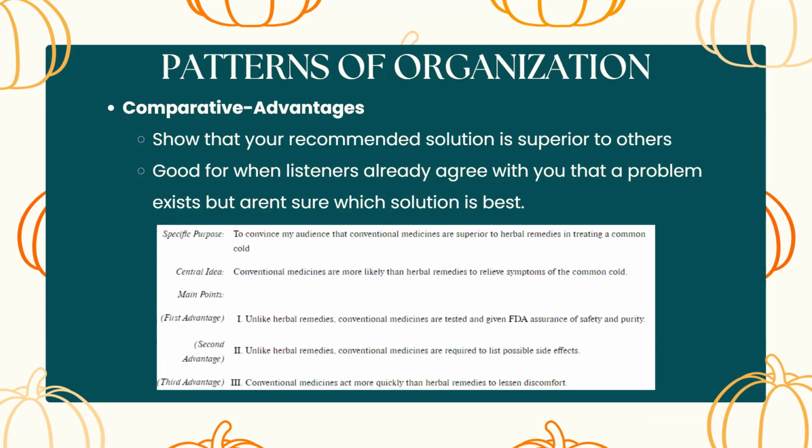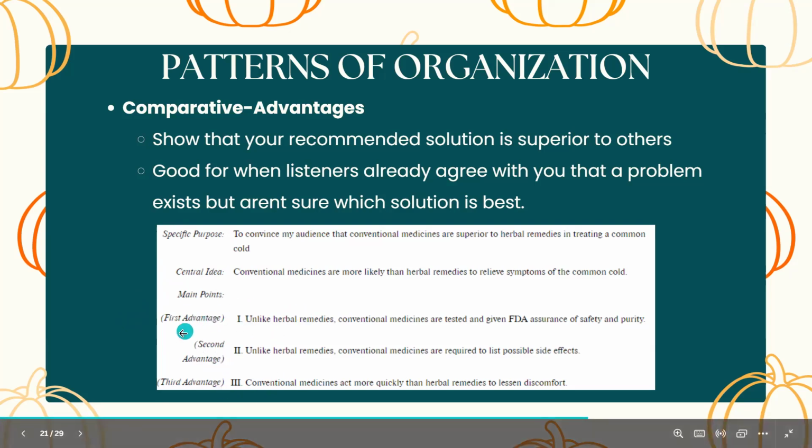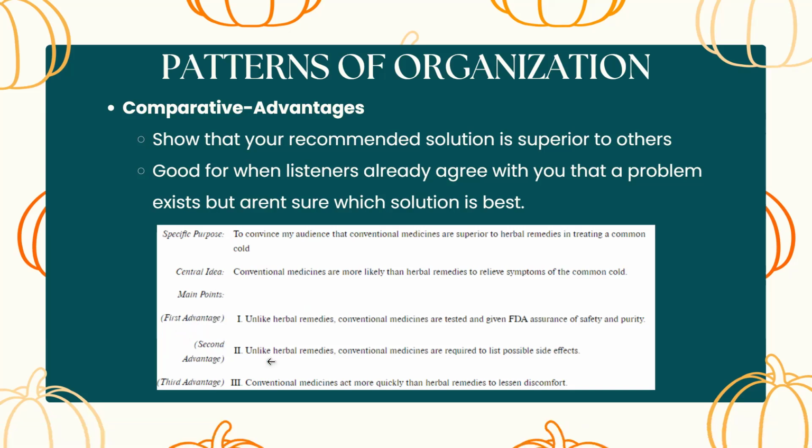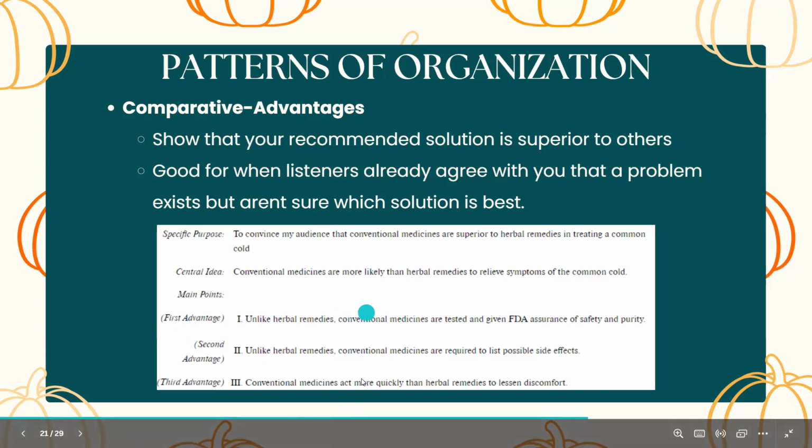My second advantage is unlike herbal remedies, conventional medicines are required to list possible side effects. And lastly, conventional medicines act more quickly than herbal remedies to lessen discomfort. So all of these are showing why conventional medicines are better than herbal remedies.